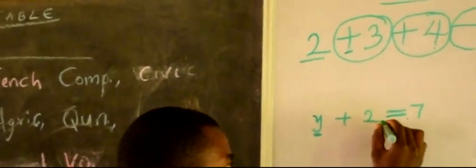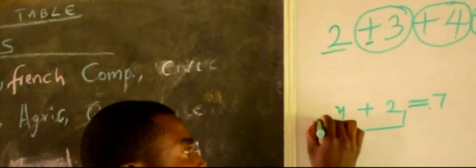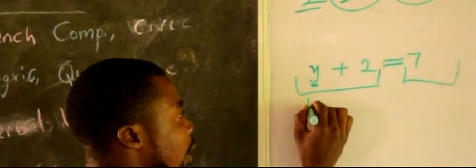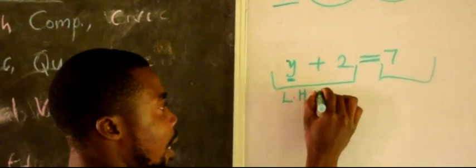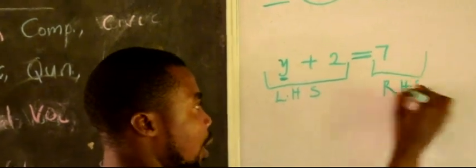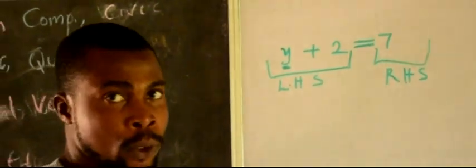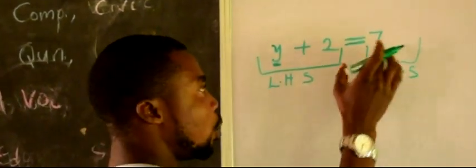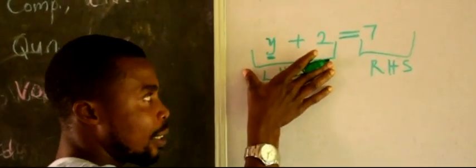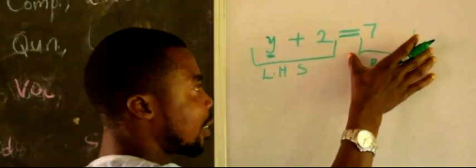The left starts here and the right starts here. So this is your left hand side, and this is your right hand side. That is the first thing you must know.